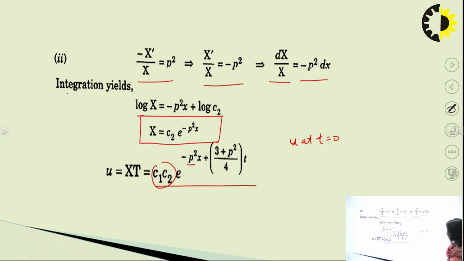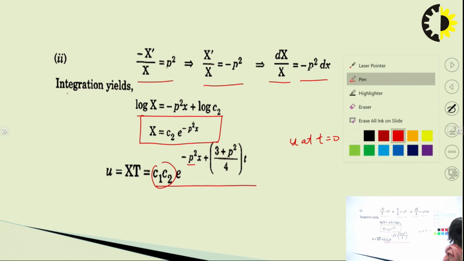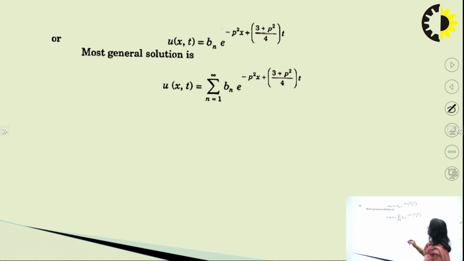So I need to take the general solution in this case. I will consider u of x comma t equal to some constant bn, meaning C1 C2 will keep changing. Instead of C1 C2, we are considering some constant, say bn, and this is just a notation. If I change x or t pairwise, I will get another pair of constants.